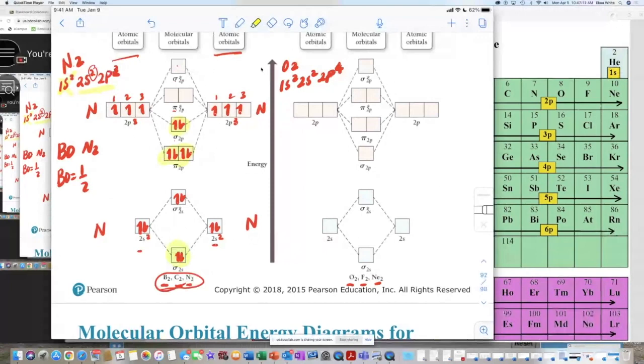Yes. When they bond, one of the bonds is a sigma bond. So nitrogen forms 3 bonds with another nitrogen. And so this bond here is sigma, then the other 2 are pi. Pi, pi.